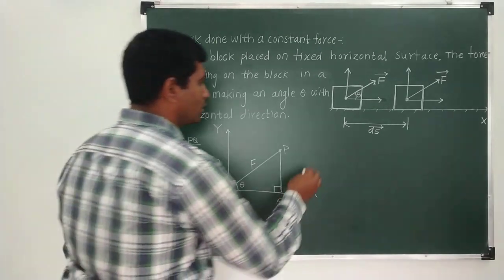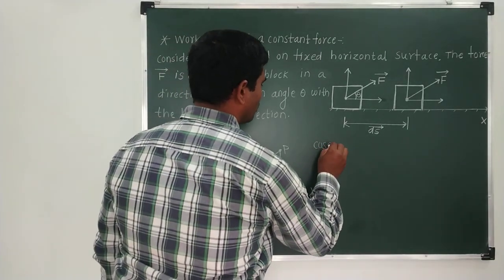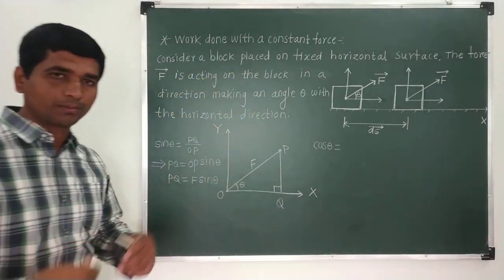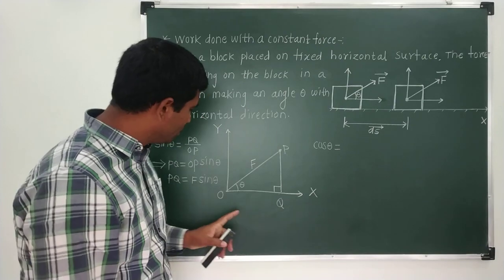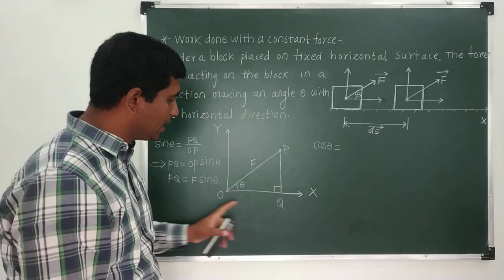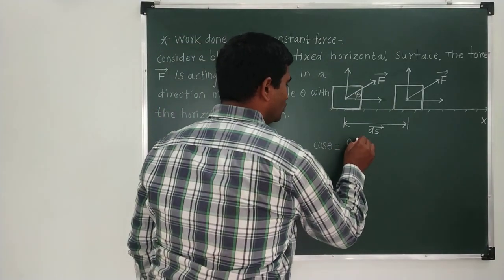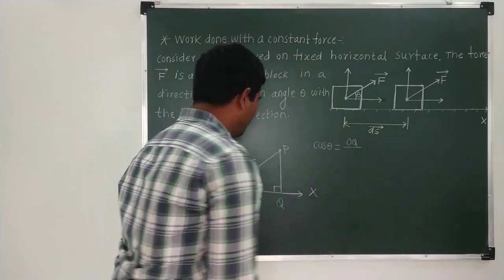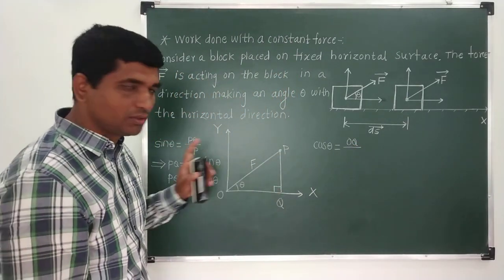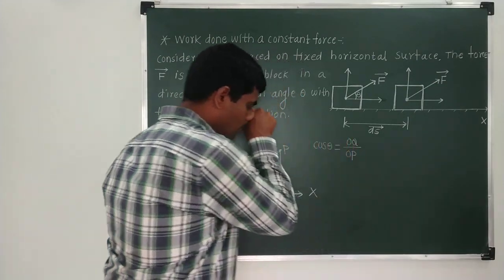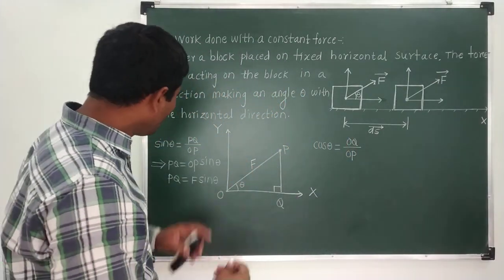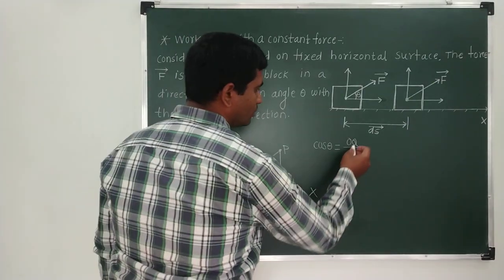Similarly, if I ask you to calculate the cosine ratio, cos theta, what is the definition of the cosine ratio? Cosine ratio is adjacent side upon hypotenuse. The adjacent side to this theta is OQ, so OQ divided by the hypotenuse, which is the side opposite to 90 degrees, OP. Now I need to find the value of OQ.